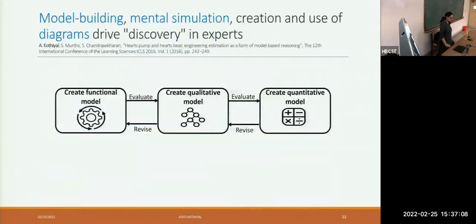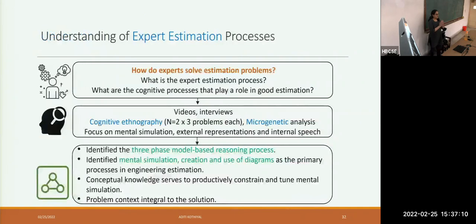So what we did essentially was we looked at the process in its entirety. We tried to model what is happening in its entirety. And then we also focused on certain moments of breakthrough or discovery and tried to identify what was happening at that point, which can be productive for the estimation.